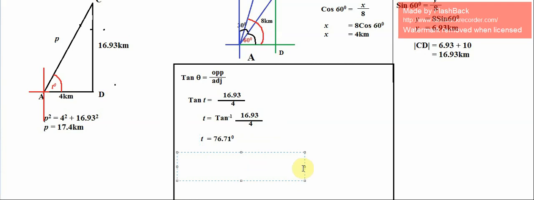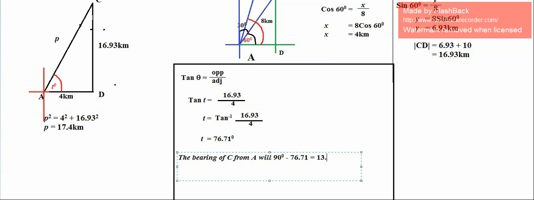It says we should find the bearing of C from A. Hence, the bearing of C from A will be 90 degrees minus 76.71, and that will give us 13.29 degrees.